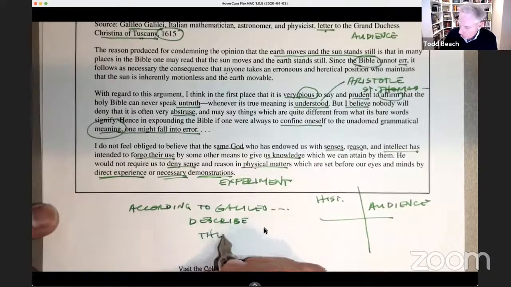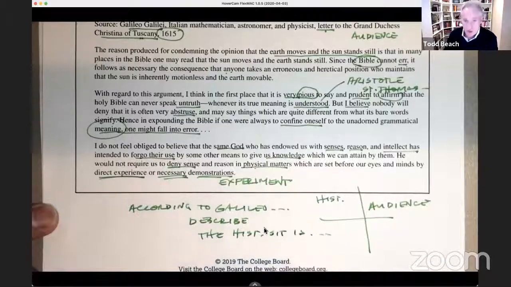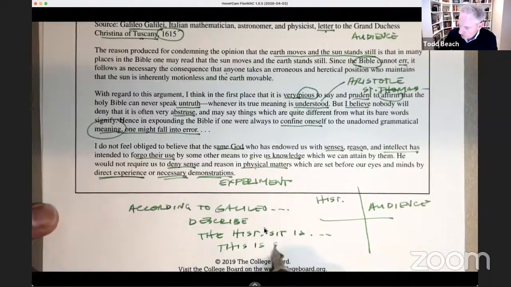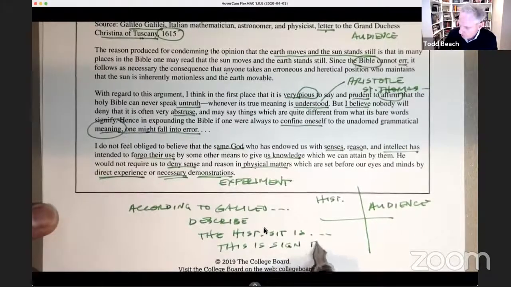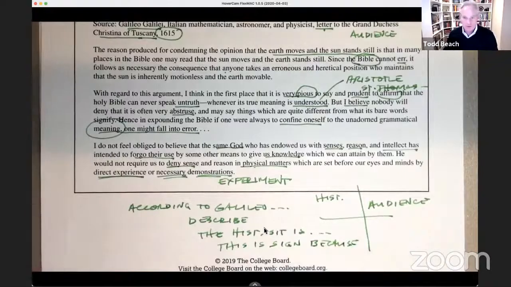The historical situation is, and just tell us. And then this is significant because, where you get at the how, why, or because, okay? So that is just a very quick how you want to make sure that you are doing that sourcing that way. Let's go back to our PowerPoint.